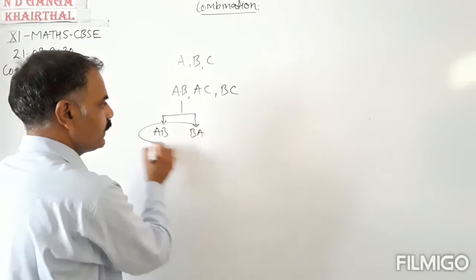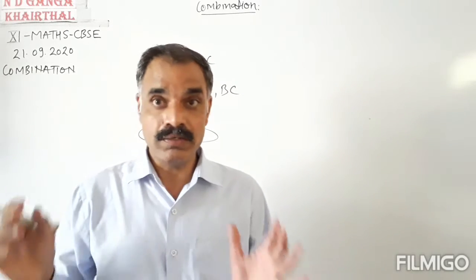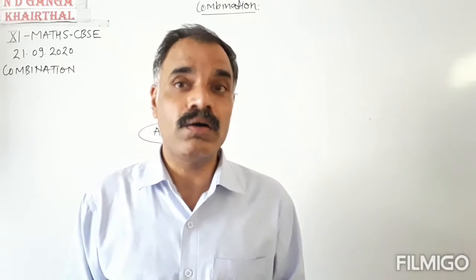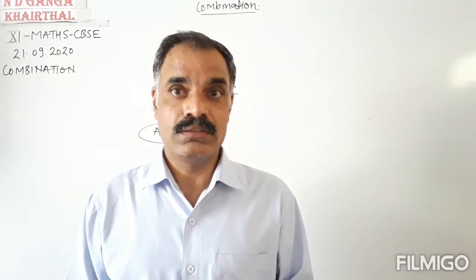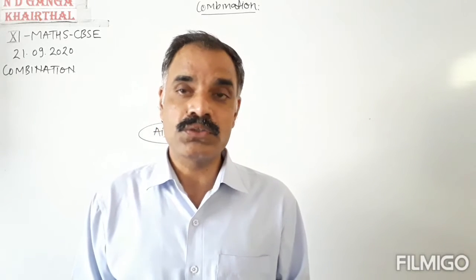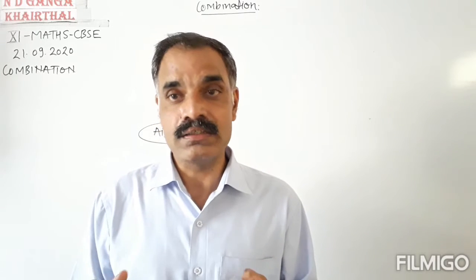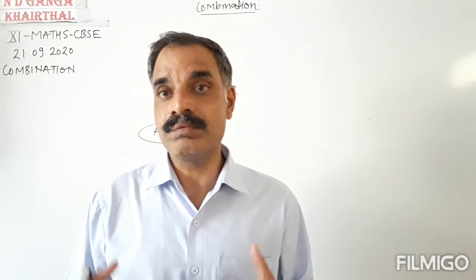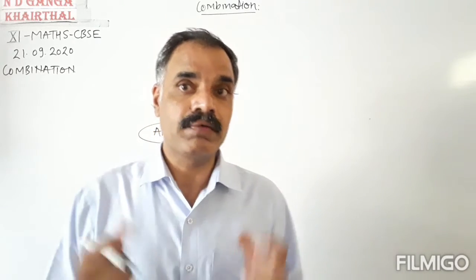These are called permutations and this is called combination. Means when selection does not require the ordering of the objects, it is called combination. And when selection or arrangement requires the ordering of the objects, then it is said to be permutation.